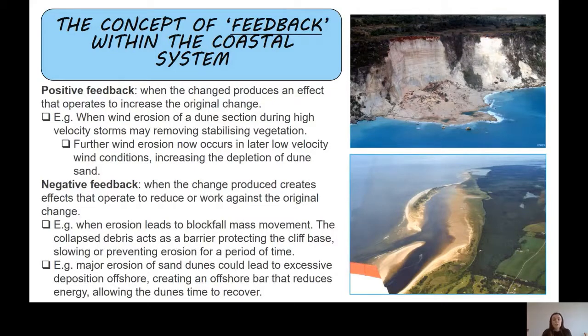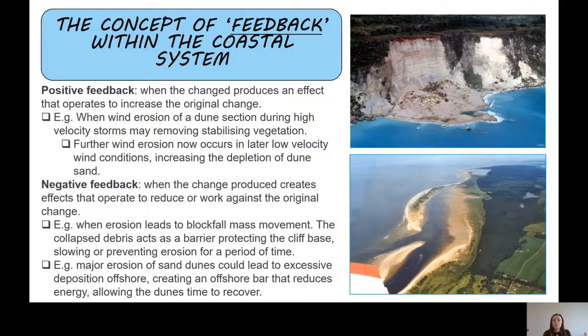Here are some examples. Wind erosion of a dune section during high velocity storms may remove stabilizing vegetation. Okay, that's happened. The knock-on effect of that will mean this. Further wind erosion now occurs in later low velocity wind conditions where it wouldn't usually have, increasing the depletion of dune sand. So what disrupted the equilibrium there was extreme wind, maybe from a storm.